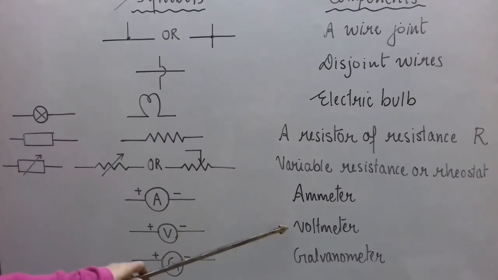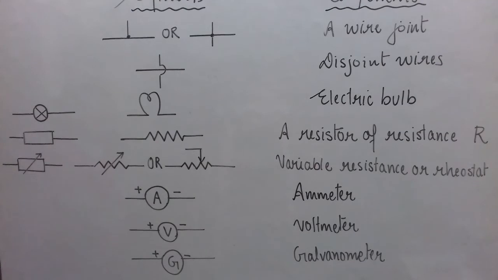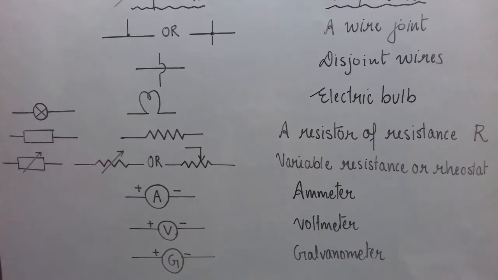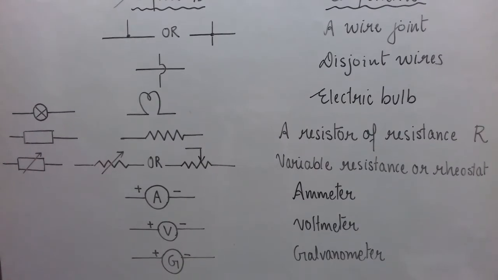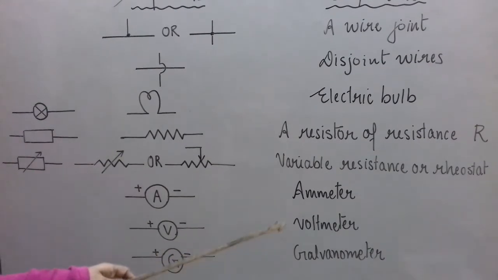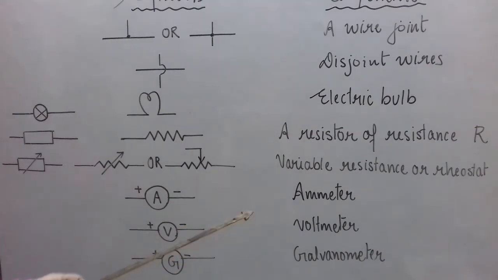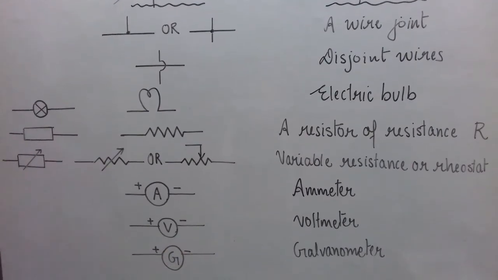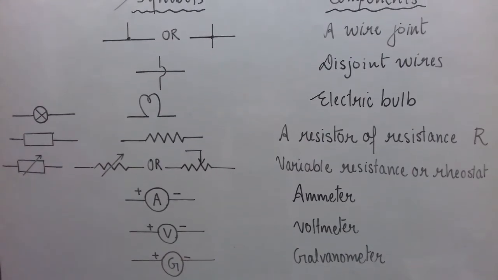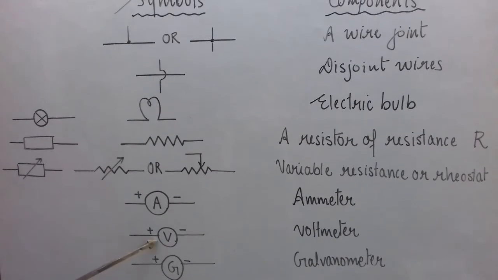So ammeter has positive and negative. Similarly, here we have voltmeter. Voltmeter is a device, as the name suggests, a meter which measures volts. Volts means potential difference. So voltmeter is a measuring instrument which measures the potential difference across any component in an electric circuit, and this is a symbol for it.